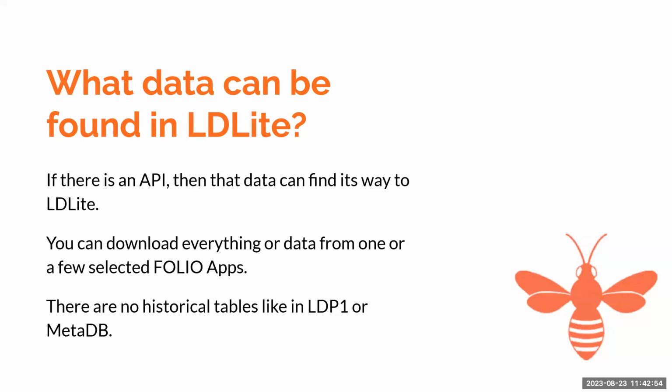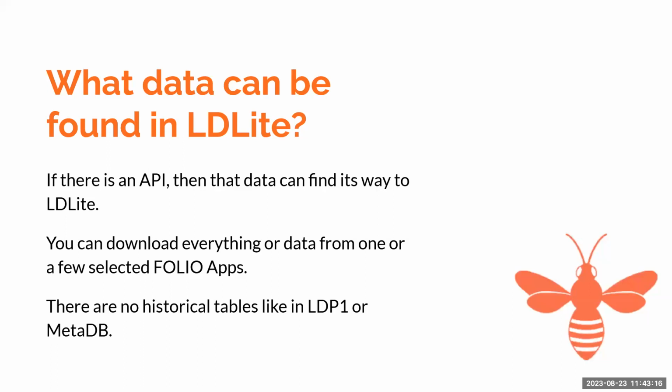Metadb is kind of the next version of LDP1. It is synced to FOLIO and updates, I believe, every 30 minutes or so. A lot of the JSON objects have already been extracted in Metadb, which they haven't been in LDP1.